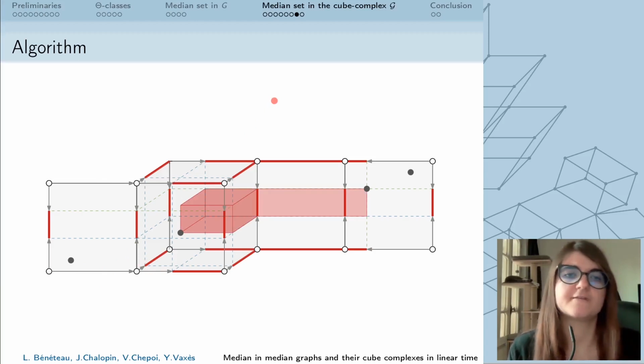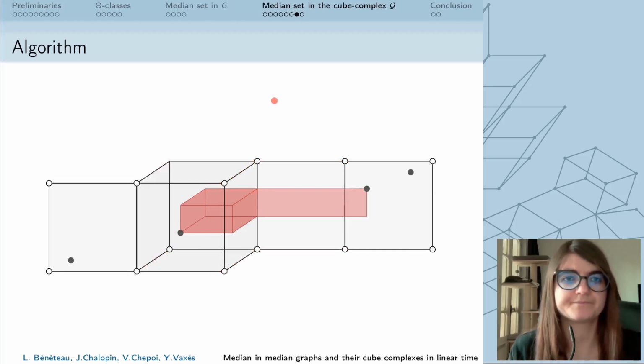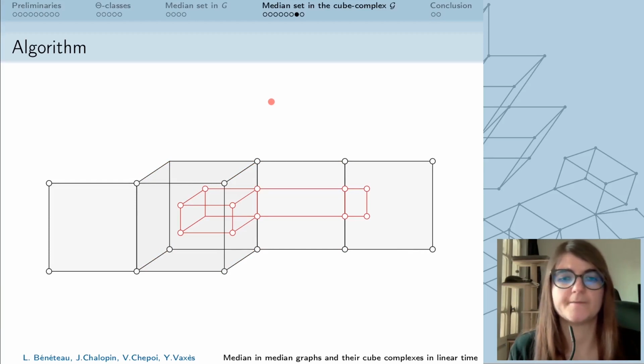And we take the points that are on the intersection of all of the EI medians. Okay, so we get the median set, and then we return its one skeleton, which is a subgraph of the box complex that we saw earlier.